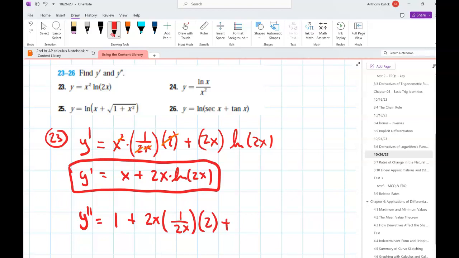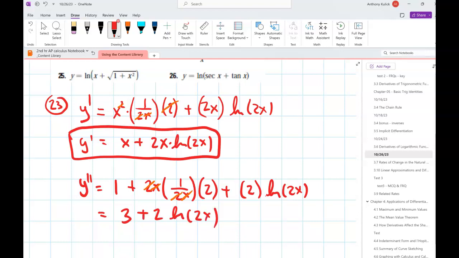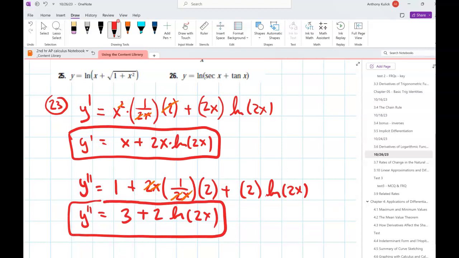And then I have plus the derivative of 2x times the natural log of 2x. So again, we do a little reducing, and I have 1 plus 2, that's 3, plus 2 natural log 2x. And I suspect that's probably what they have for you.